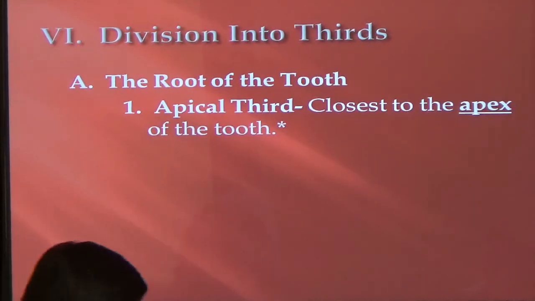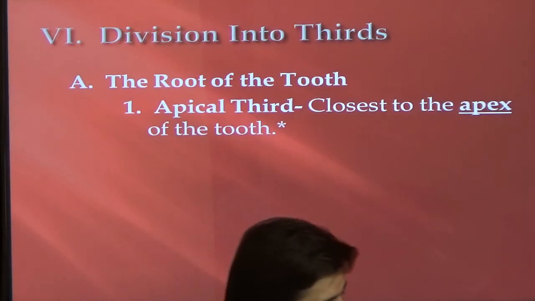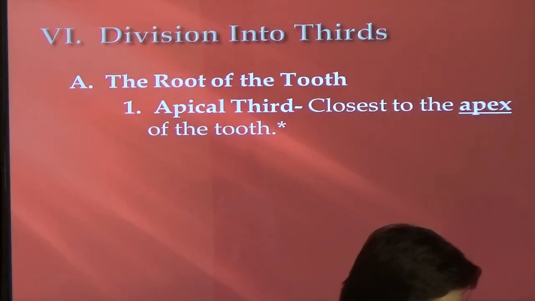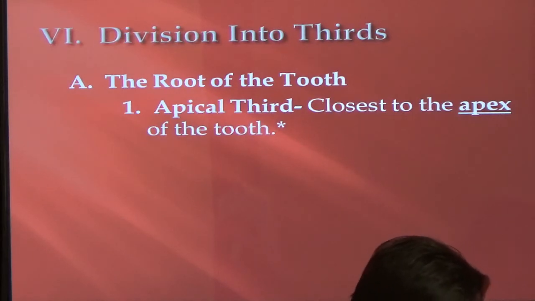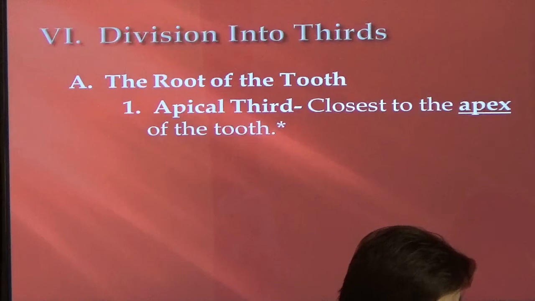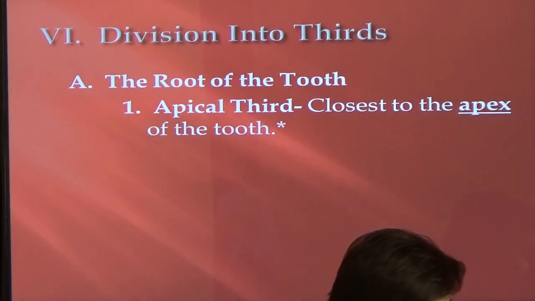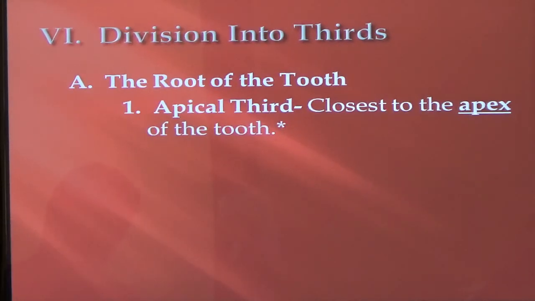So the apical third of the root is, if you divide the root, okay, this is the crown, this is the enamel right here, and this is the root. If you divide the root into thirds, this is the apical third, because it's closest to the apex.